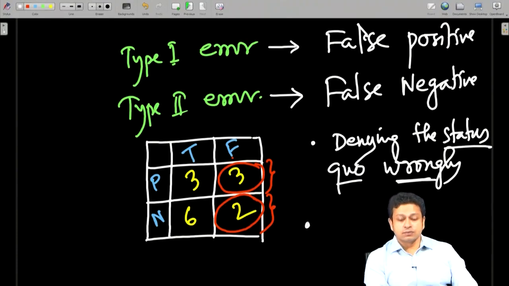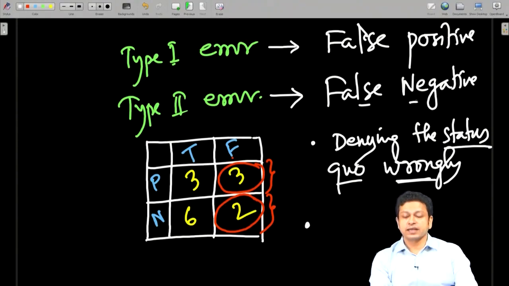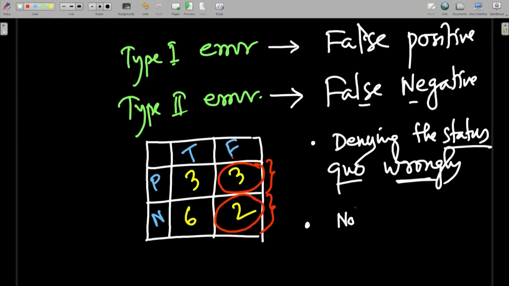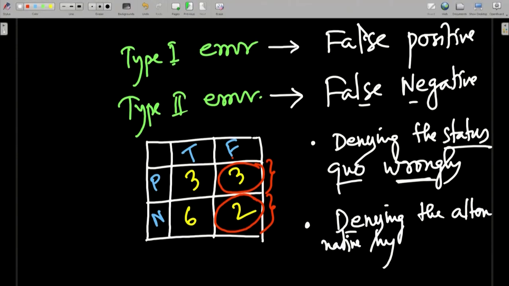Whereas, when we talk about the false negative cases, someone is known to be not a thief, let us say, the last example we take, but he is actually a thief, right? So, what is happening is that we are denying the alternative hypothesis wrongly, right?